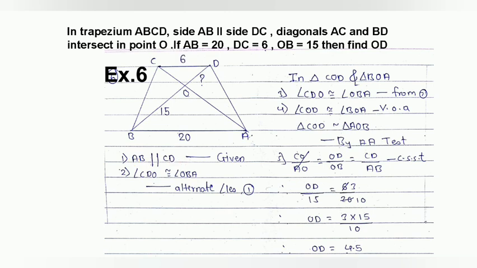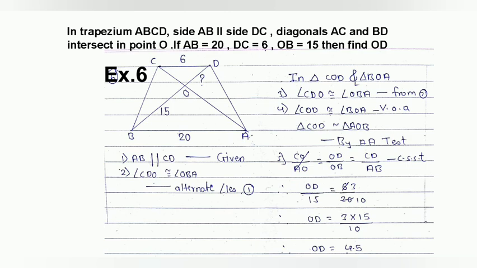Because of that, we can write that alternate angles are congruent. So angles CDO and OBA are congruent by alternate angle test. In these two triangles COD and BOA, CDO and OBA are congruent from alternate angles. Now angles COD and BOA are congruent by vertically opposite angles.